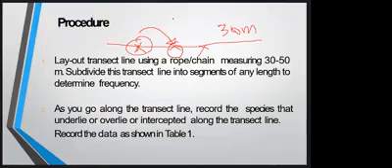For example, tree, kugon grass, or maybe mga leaf, something like that, and so on. Okay, so as you go along the transect line, record the species that underlie or overlie or intercept along the transect line.